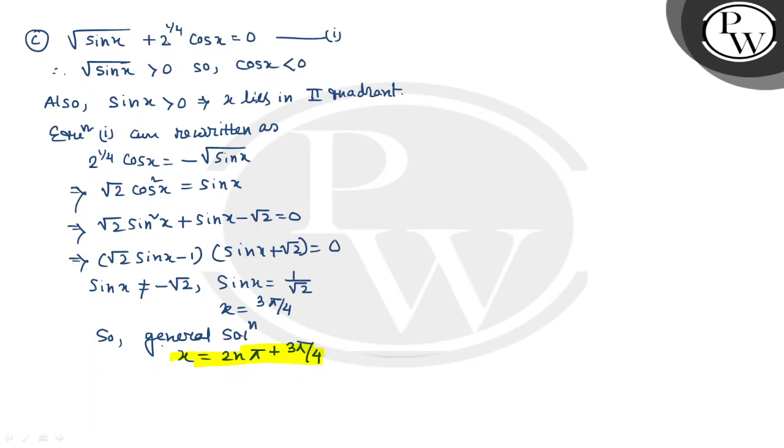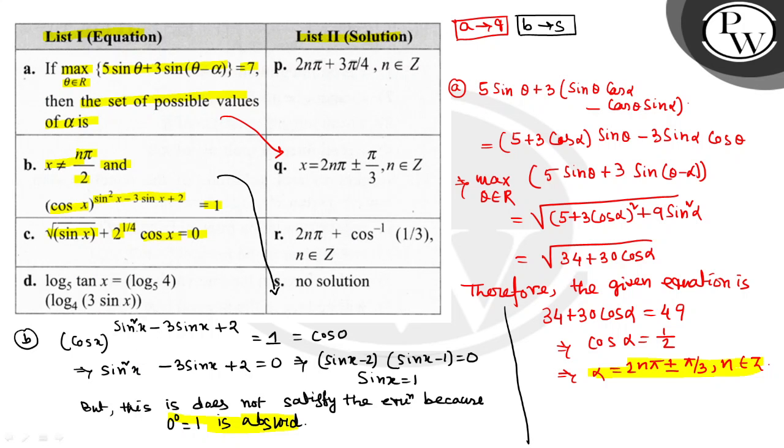So we move to the options and check which one is correct. So C matches with P. Next one: log base 5 tan x equal to log base 5 4 and log base 4 3 sin x.